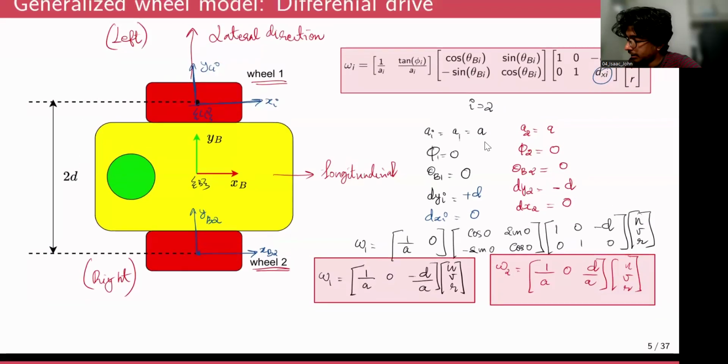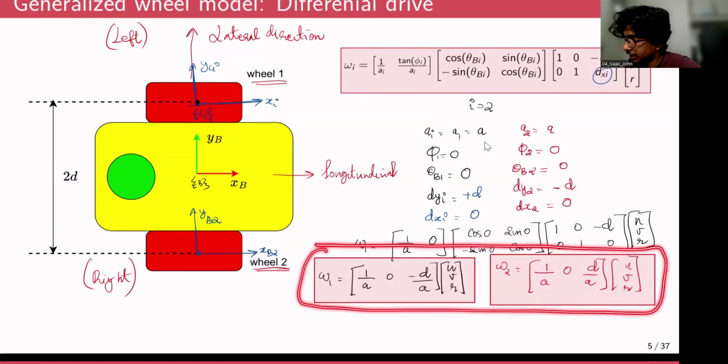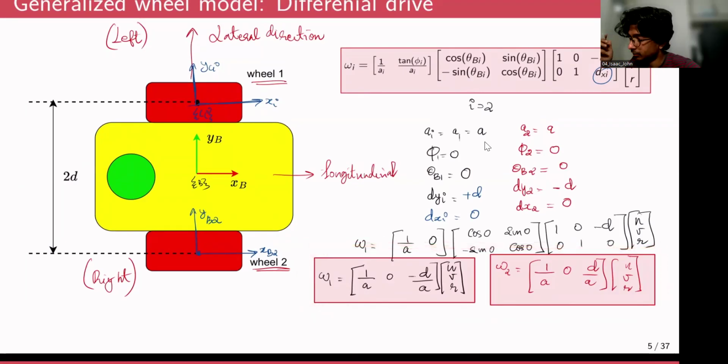Right? And you can basically combine these two equations into a very compact matrix and vector form like so. If I combine these two equations, omega 1, omega 2 would look something like this. It'll be 1 by a, 0 minus d by a.